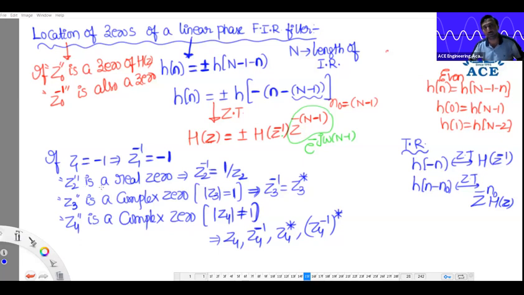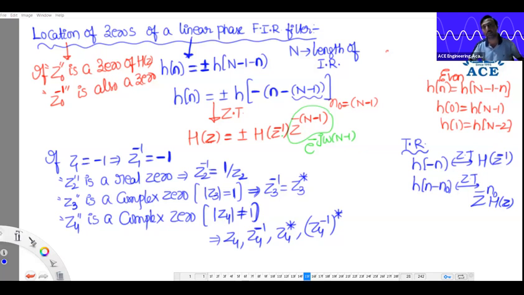If I want to take a real zero like 2, the inverse zero is 1 by 2. If Z3 is a complex zero with magnitude 1, the inverse root is its conjugate. If Z4 is a complex zero with magnitude not equal to 1, the roots are the original, the inverse, the conjugate, and the inverse's conjugate. First you take the original and inverse, then directly the conjugates of them. That is the conclusion we can make.